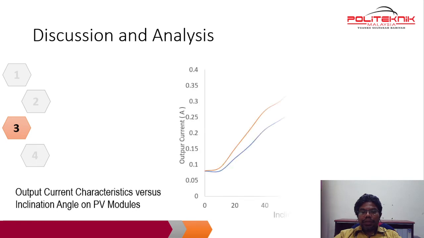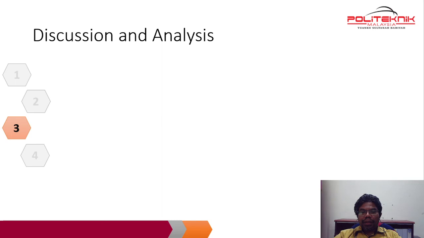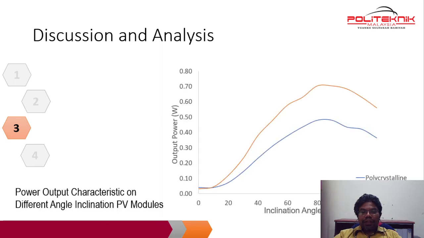The similar situation also happened here for current: an increment for both types, but the increment for amorphous is higher compared to polycrystalline. And because current and voltage for amorphous are higher, of course, the output power for amorphous is higher compared to polycrystalline. Then there is a huge gap here at 90 degrees.